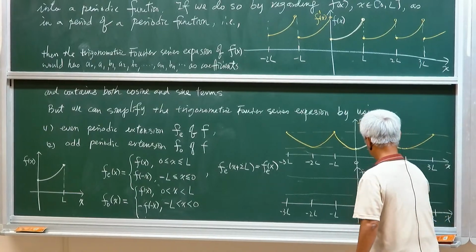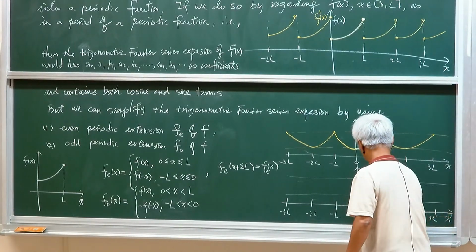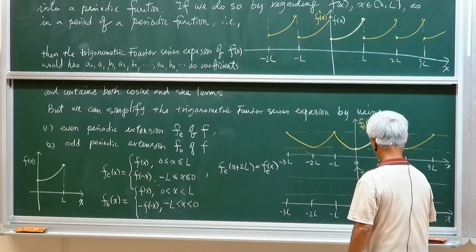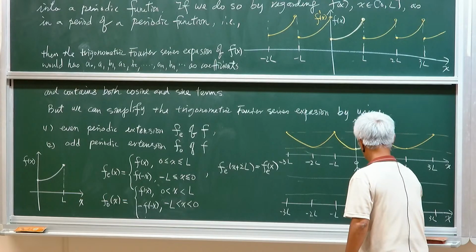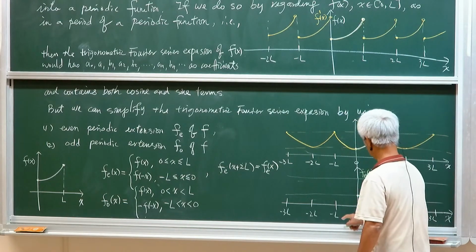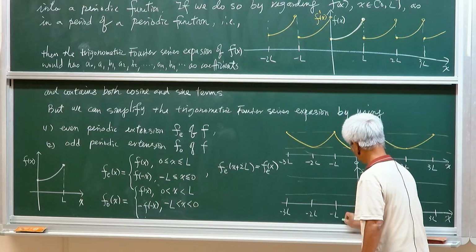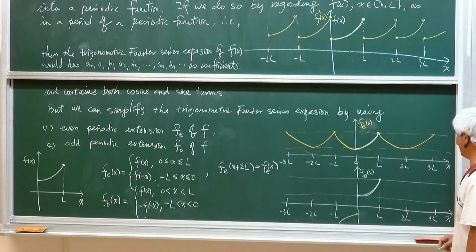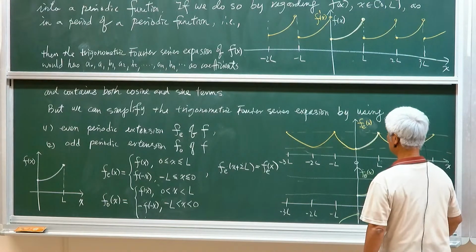So to be an odd function, when this is positive, at here you should have a negative value. So this goes to there. There's not enough space. Maybe I will draw it.